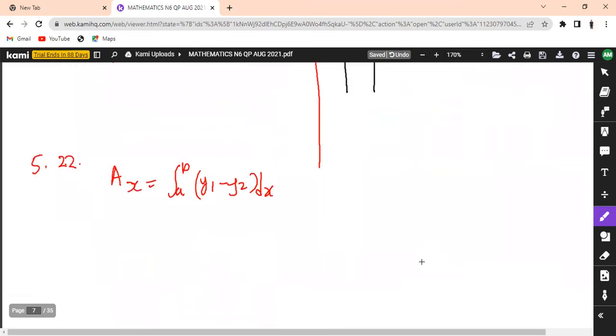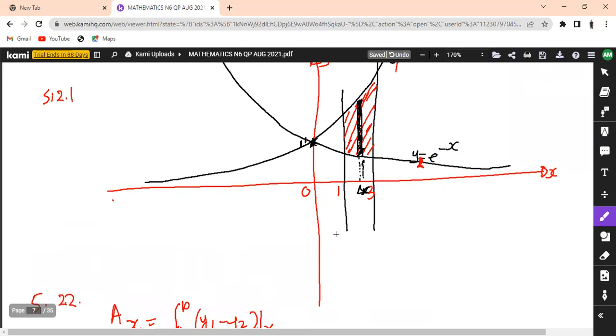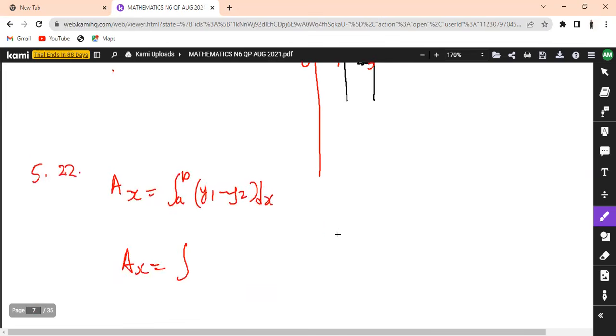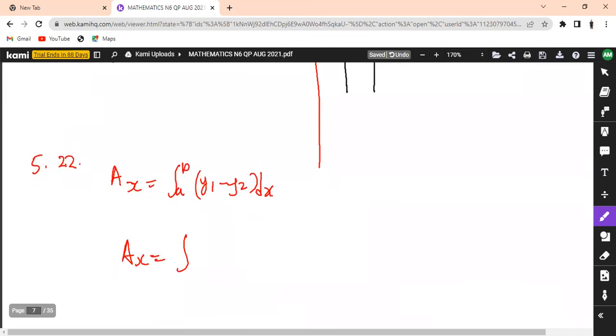So you're going to subtract, so area is equal to the integral where our limits are from 1 up to 3. Take note of this value here, guys. This is our 3, the line of x equals 3. Here x equals 1. So we're going to take from 1 up to 3.